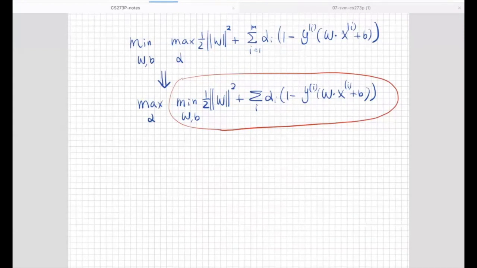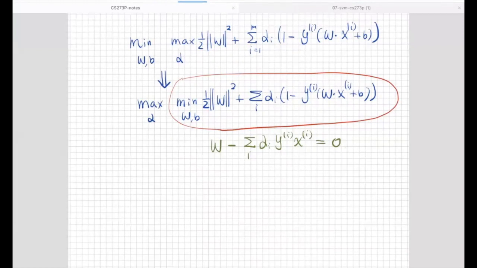So when I calculate the gradient, I simply get w, and then plus, I first calculate the gradient with respect to w, and the right-hand side will be the summation over i of alpha_i y_i x_i. That is the gradient with respect to w. And there's a negative here, so it should not be plus, it should be minus here. And that equals 0.